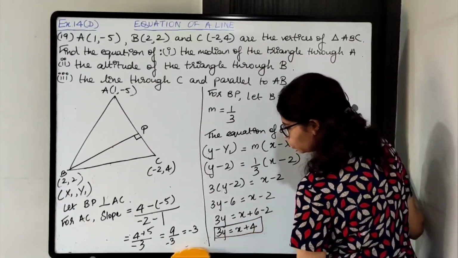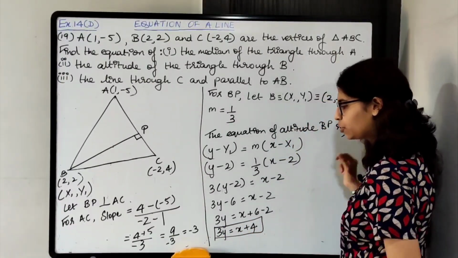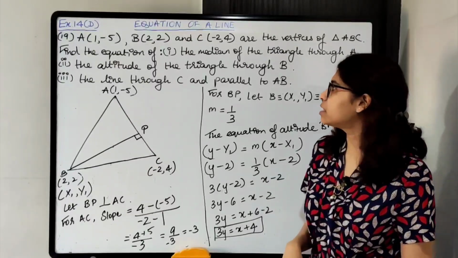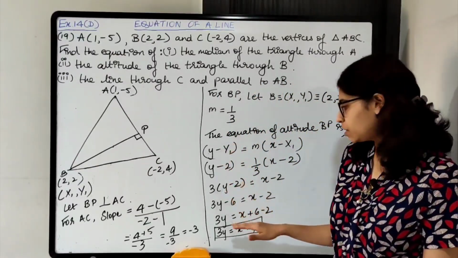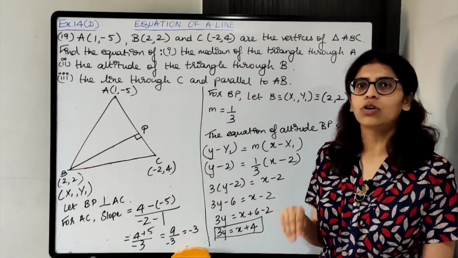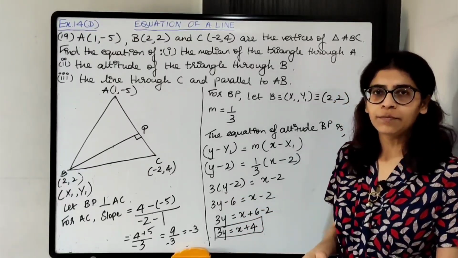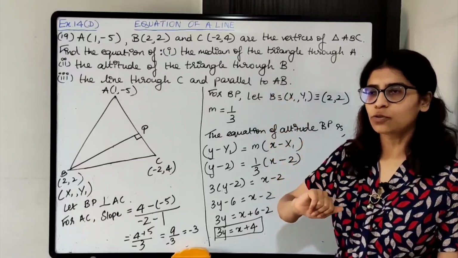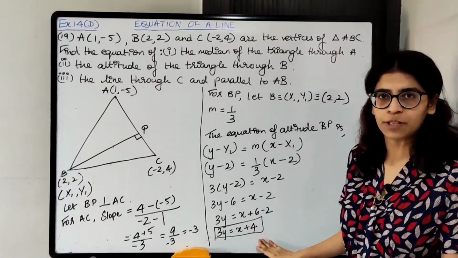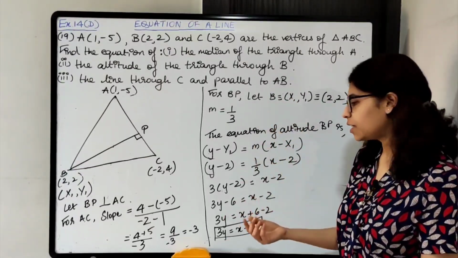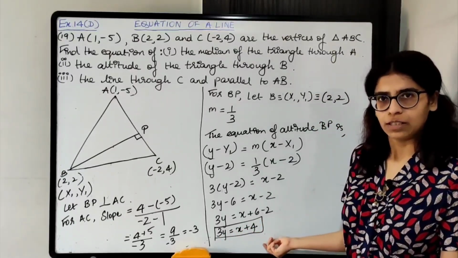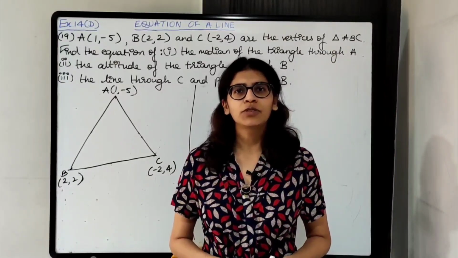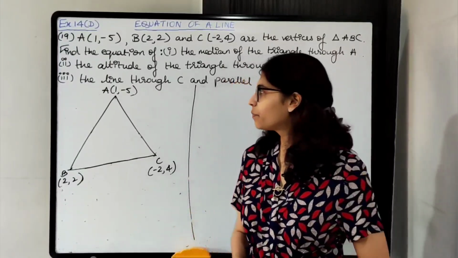So 3y is equal to x plus 4 is the equation of the line, that is equation of the altitude through B. So write down the final statement, box the final statement and write it down. The equation of the altitude of the triangle through B is 3y equals to x plus 4. In standard form you can write it as y equals to x by 3 plus 4 by 3.